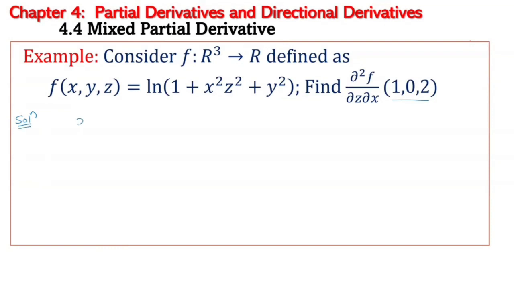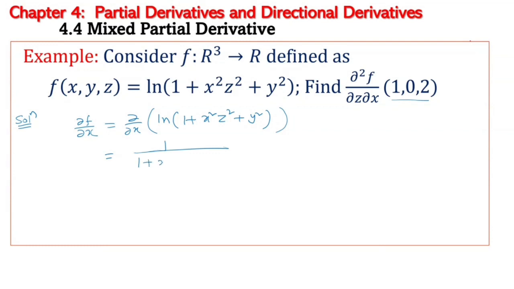Solution. So first we need to calculate ∂f/∂x. This is equal to the derivative of ln(1 + x²z² + y²). We will use the chain rule. The derivative of the ln will be 1 over (1 + x²z² + y²), and then the partial derivative of the inside variable.